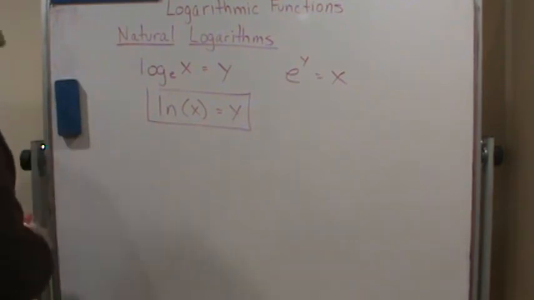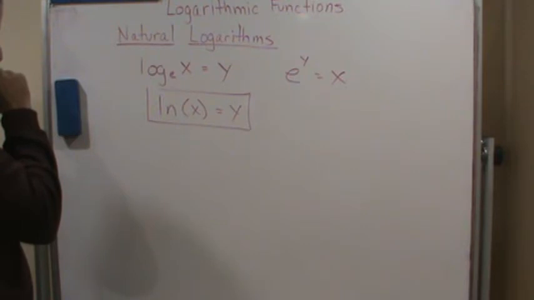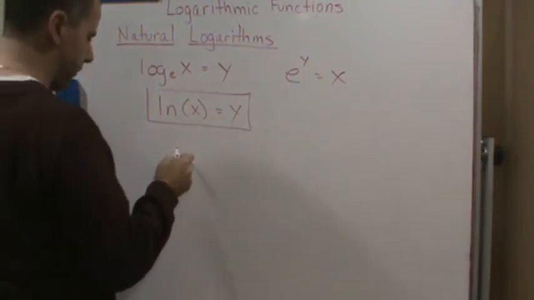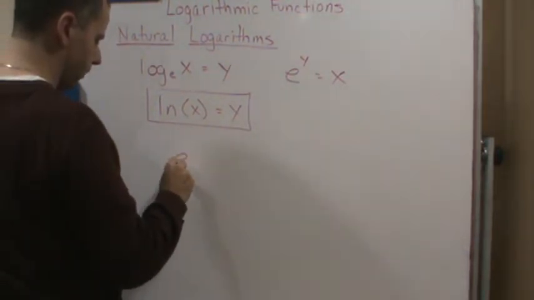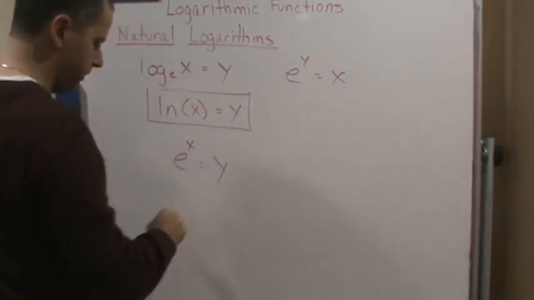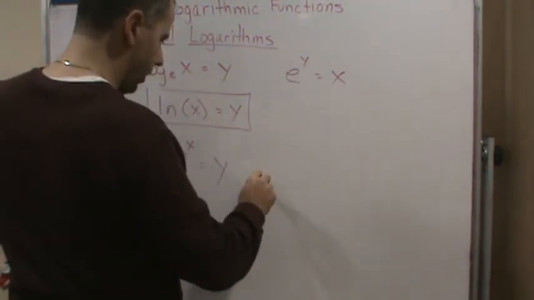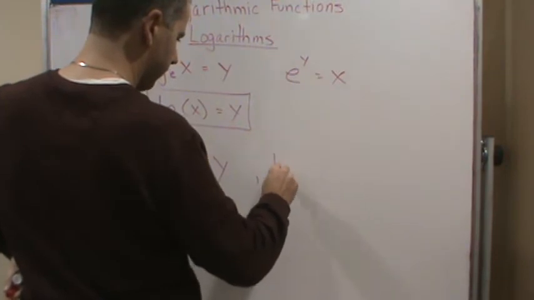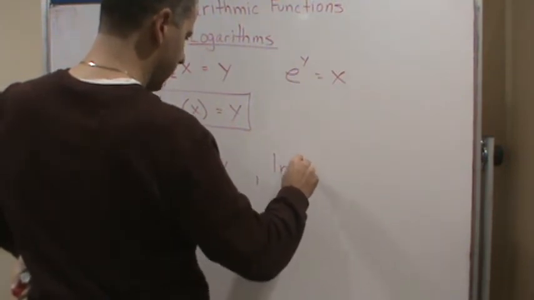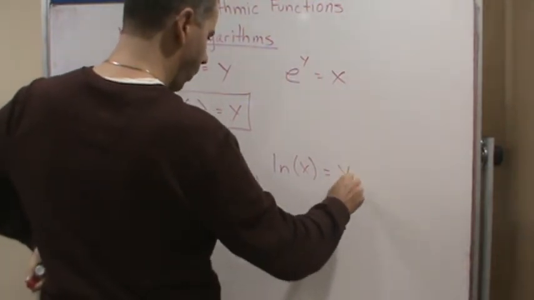If you look at an exponential function, for example, e to the x equals y, right? And we take another log function, we say natural log of x equals y, right?